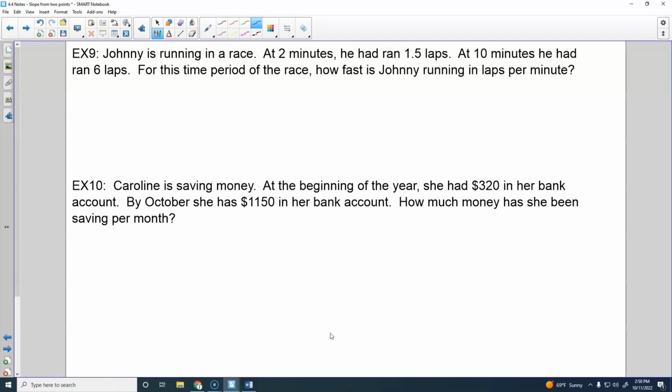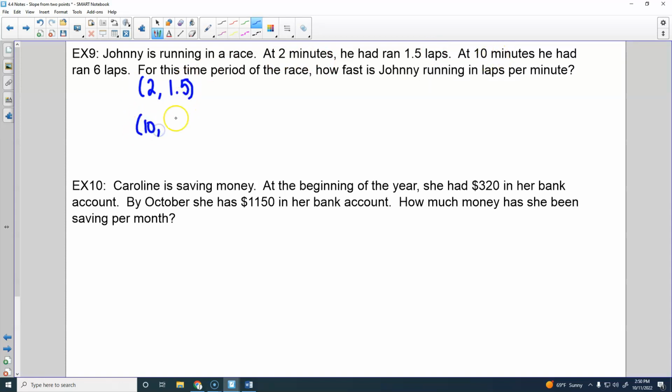Okay. So this is a little like the warm-up question that I gave you guys yesterday about the taxi. And when you tried to like divide it, you weren't getting the same number, right? So what we can do is we can turn these into coordinates, right? So at 2 minutes, he had ran 1.5 laps.